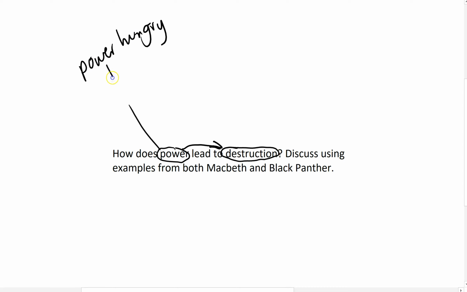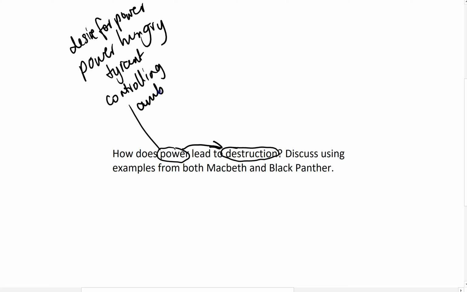How does being a tyrant or a controlling leader, what sorts of power are there? Maybe a desire for power. We might think about ambition connected to a desire to power. Is it just being power hungry and ambitious, or is it having power that leads to destruction?